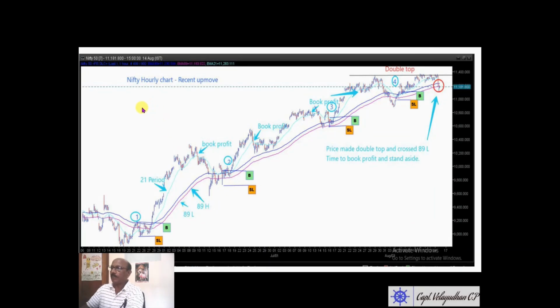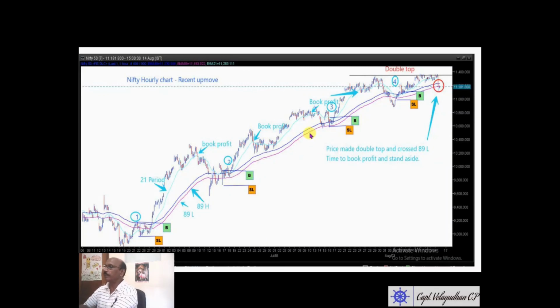I made the same thing on an hourly chart. 89 period hourly chart. Here it got a buy signal. Stop loss below this one. And here it crossed below, so the exit is here. And again it got a buy signal above this one. Stop loss below this one.